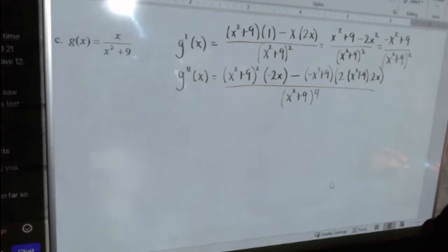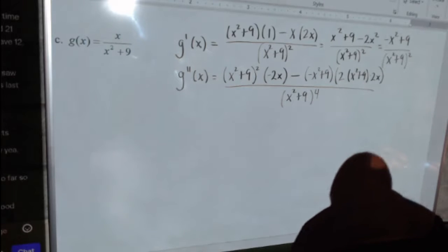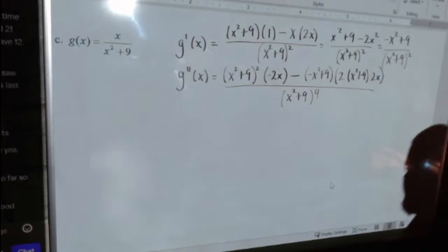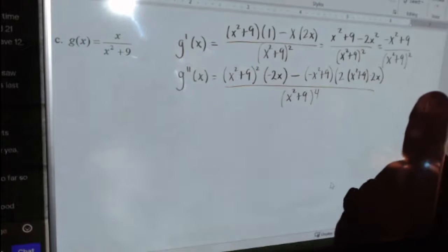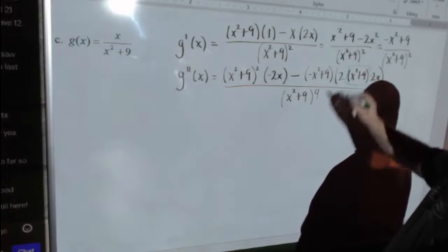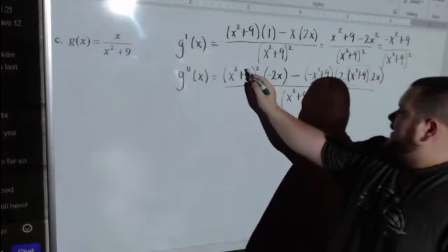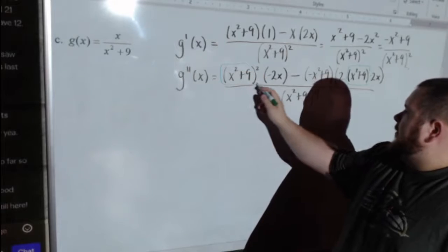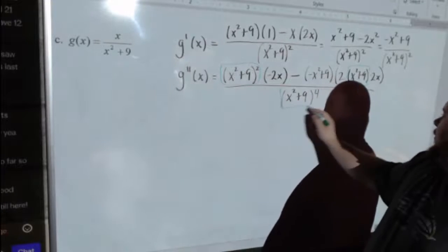Alright, so let's continue. If I use the green marker, can you guys actually see it? So I've got an x squared plus 9 there, and I've got one of them there.